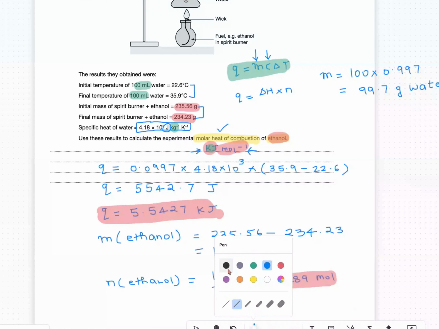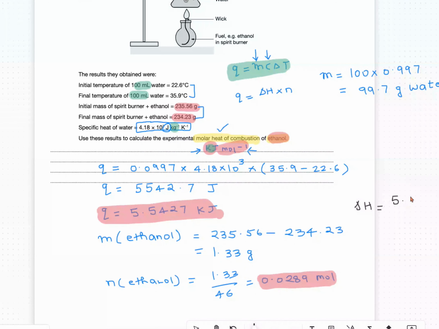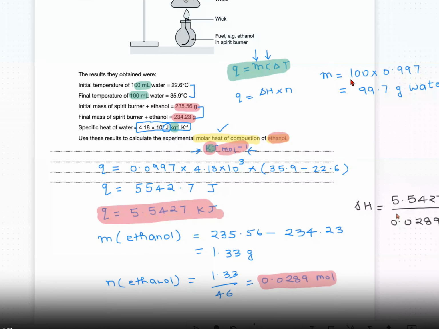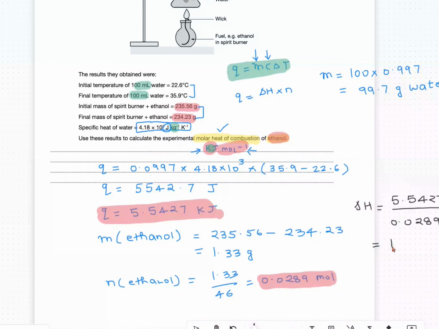Simple. So delta H is going to be 5.5427 divided by 0.0289. That gives me, in three significant figures, 192 kilojoules per mole.